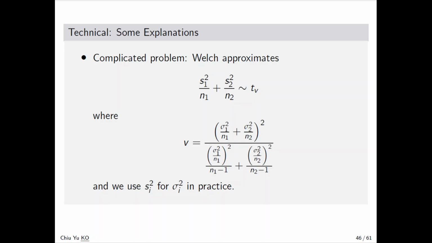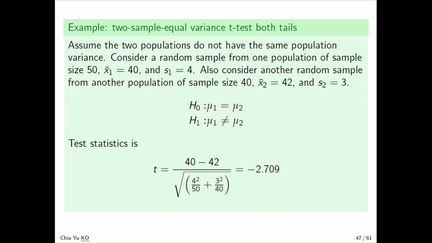It's been shown that this follows a t distribution with v degrees of freedom as given. But look at this: all the sigmas 1 and 2, in practice we use s, and here we use the integer function. So that is what people do in this way.